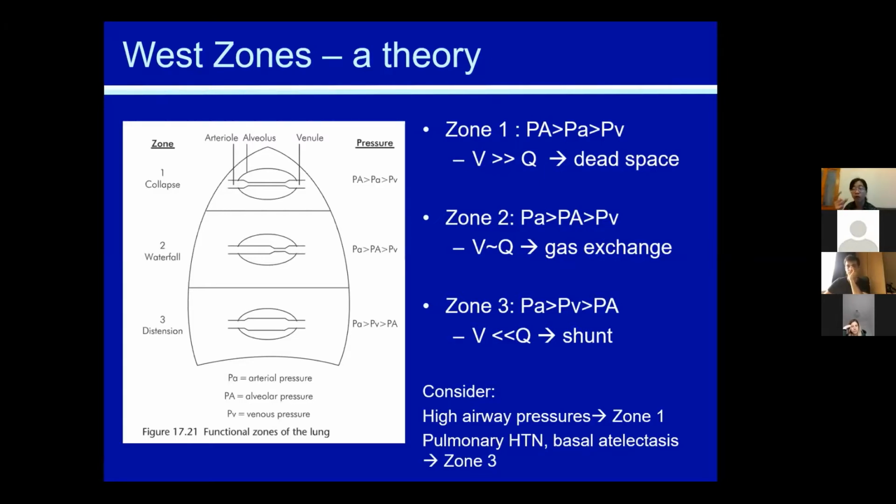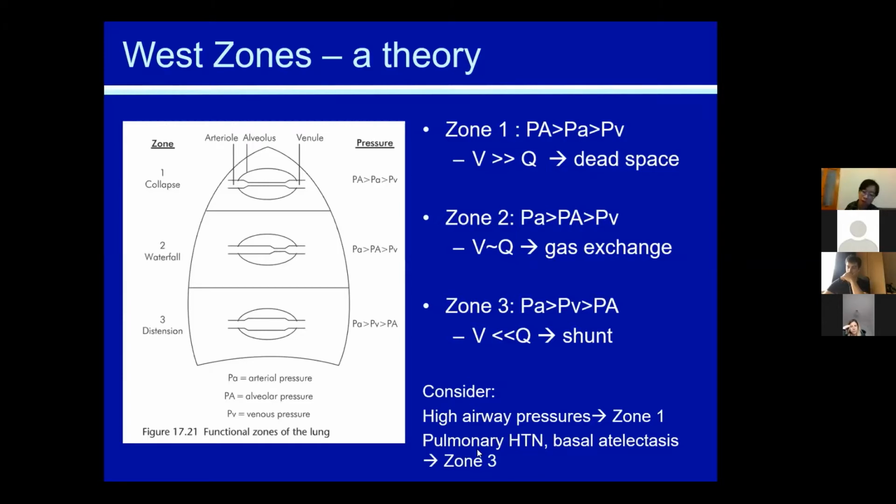You're artificially inflating your airway pressures, and you're risking turning your whole lung into a zone 1 type scenario. So yes, you're getting airway pressures, you're getting tidal volumes, but theoretically, if you compress all of your blood vessels, then you're just converting your entire lung into dead space, which is why just increasing your airway pressures isn't necessarily a good way of increasing gas exchange.